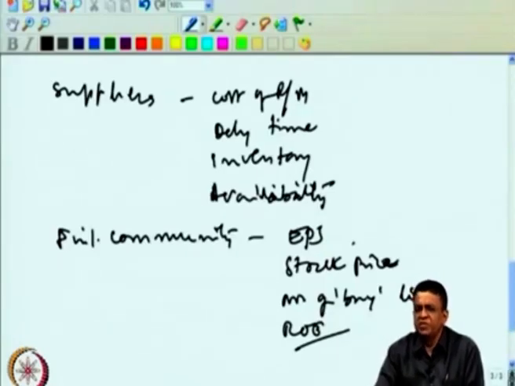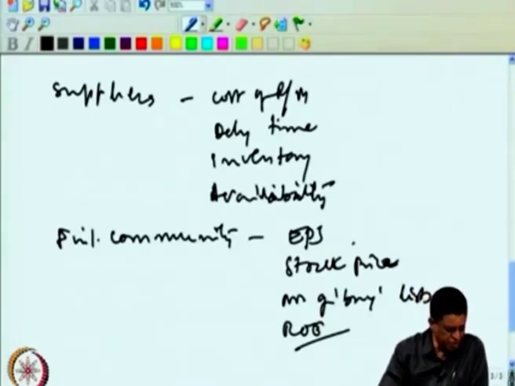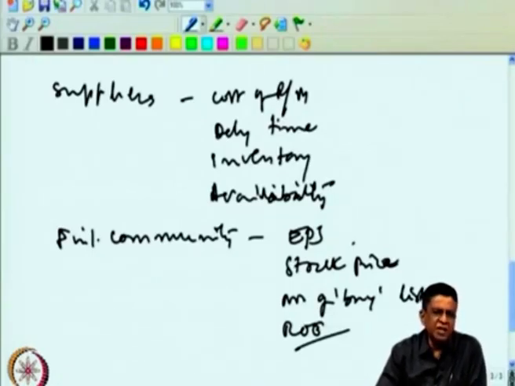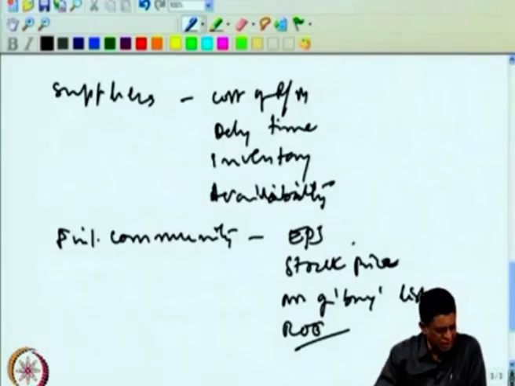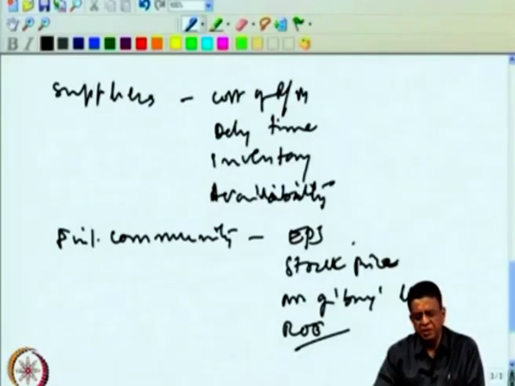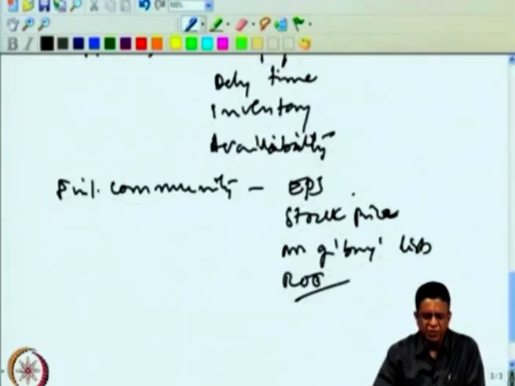So, this is a type of thing which can happen. The growth in ROE, that is the return on equity, is another aspect. How is it growing? Is it standing still over the years, or is it growing from year to year? You calculate it using Y on Y, that is year on year, and say my return on equity is going up. So, this is what the financial community is concerned with.